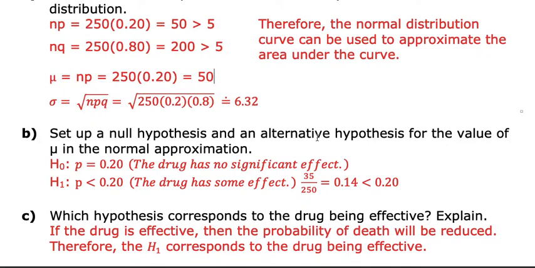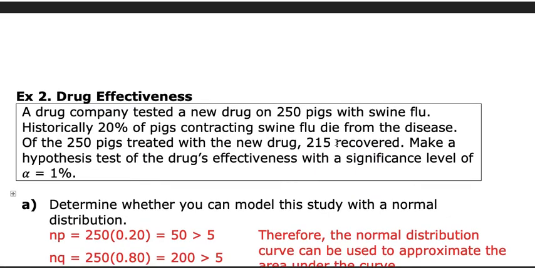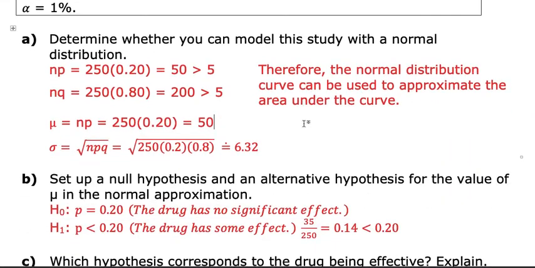Next, set up a null hypothesis and an alternative hypothesis for the value of mu in the normal approximation. So the claim is that the population proportion is 20. And if the drug has no significant effect, it should be equal to 20. If the drug does have some effect, then the proportion of pigs that are dying in our sample should be less than 20. So in our case, we observed 215 recovered out of 250.